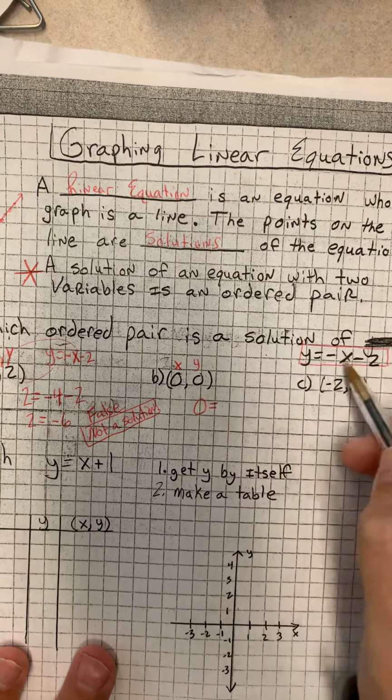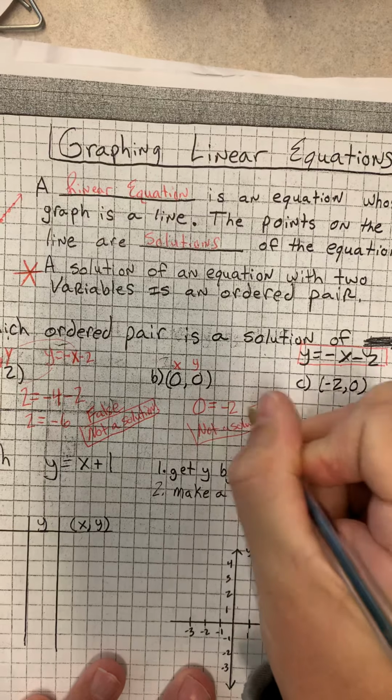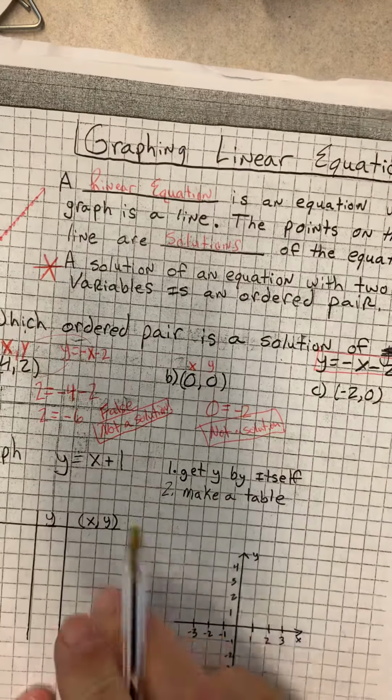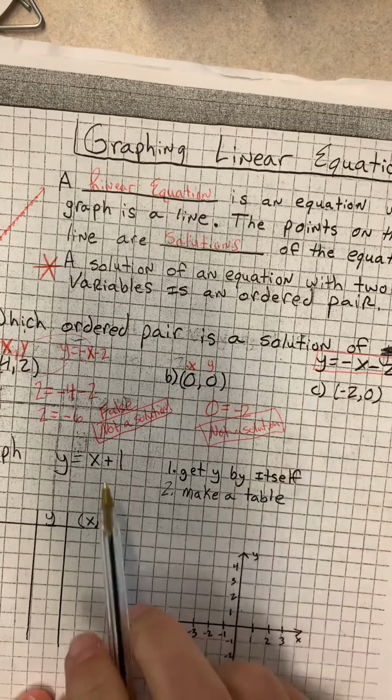So this is just 0 equals -2. Does 0 equal -2? No, it does not. This is not a solution, meaning the ordered pair 0, 0 does not lie on that line. This line, when graphed, does not go through the origin. This point doesn't lie on the line. It doesn't satisfy the equation. It's not a solution.